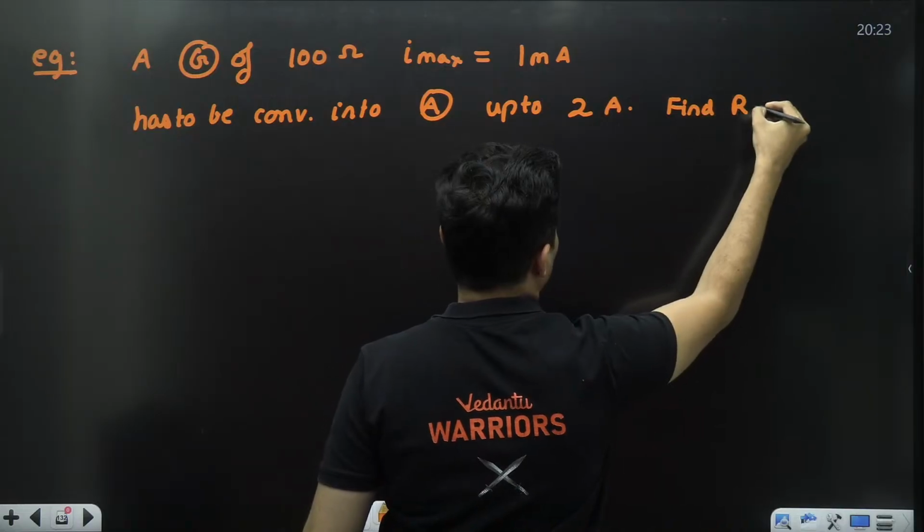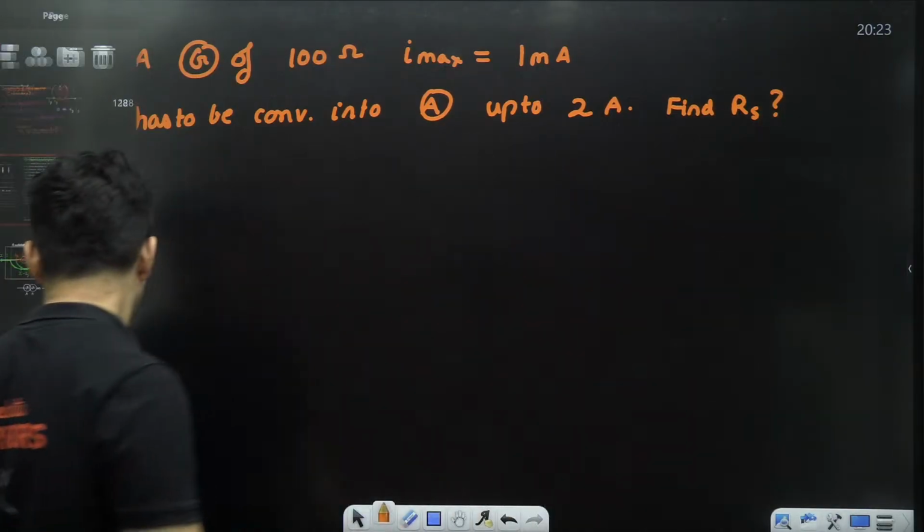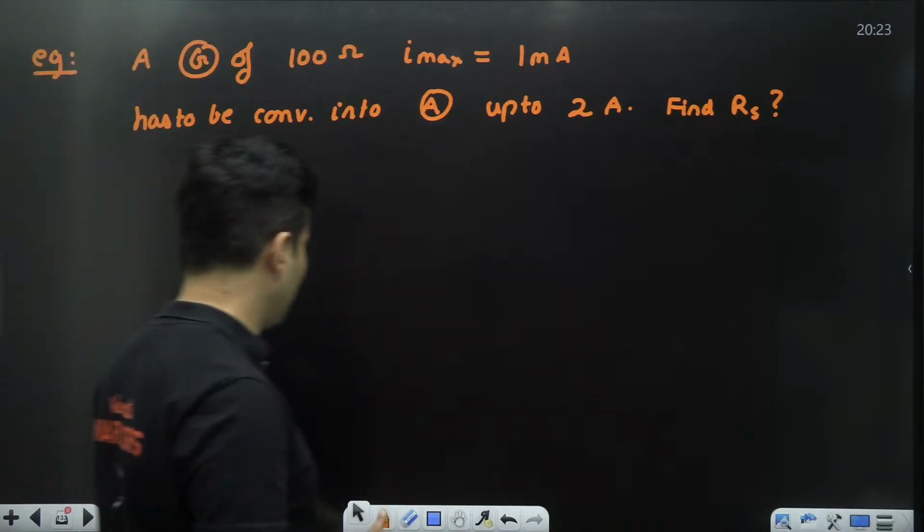Find the shunt resistance to be used. Find the shunt resistance which has to be used.